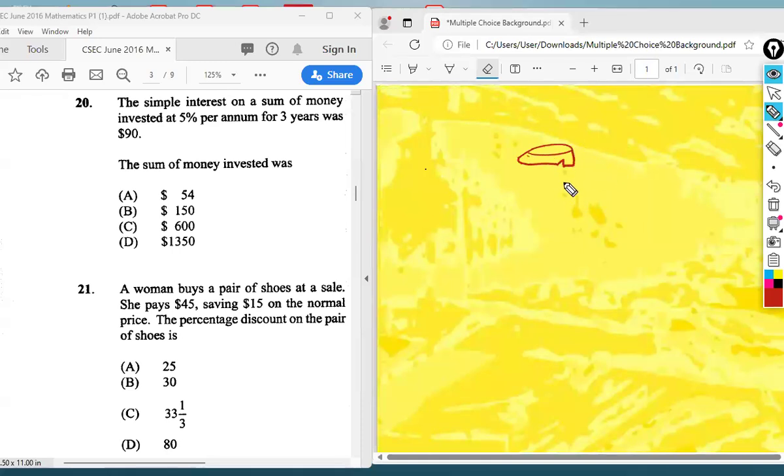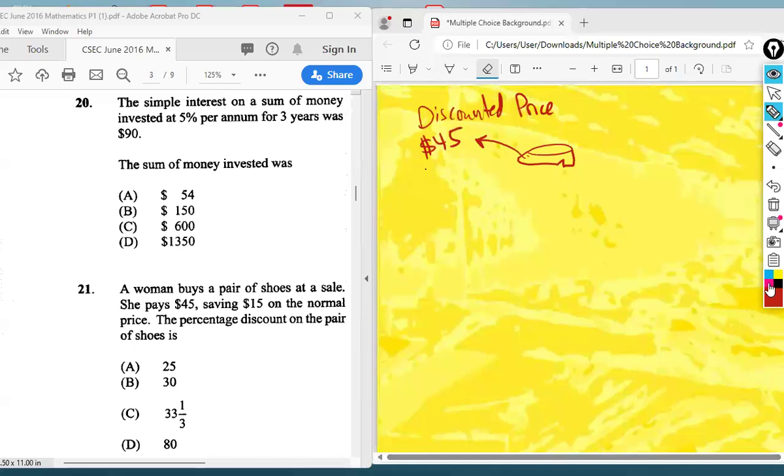All right, so we actually don't know the original price of the shoes right now, right? And initially, when we read the question, all we know is the person got a discount, and the discounted price is how much? The discounted price is $45.